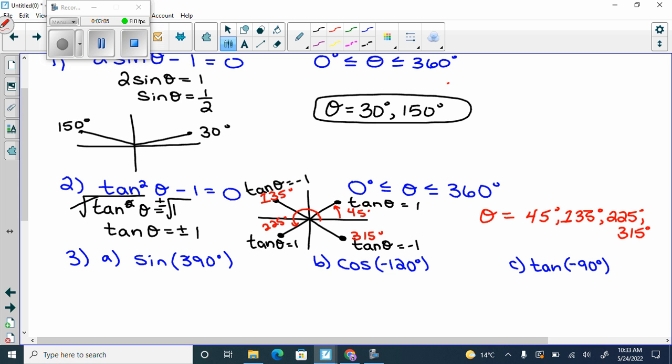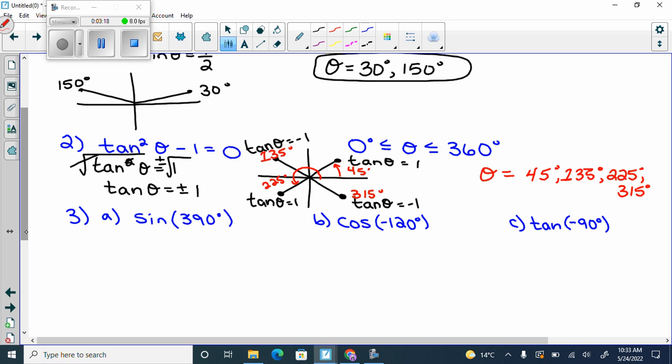So that's if I'm asking for the angle and I give you the answer on the outside. Then the other thing I can ask you for on the test is I give you the angle and I ask you for the answer. Sine 390 is too big, correct? So what am I going to have to do to get the answer? Subtract 360.